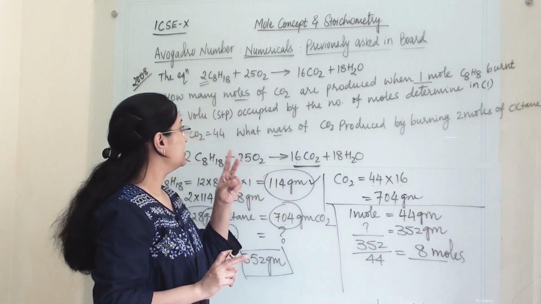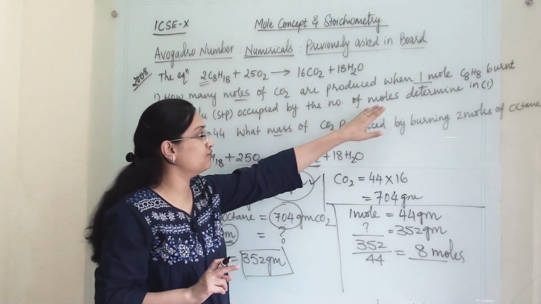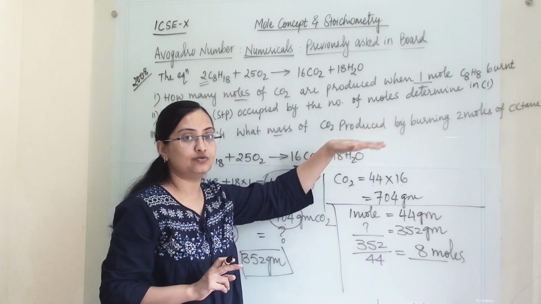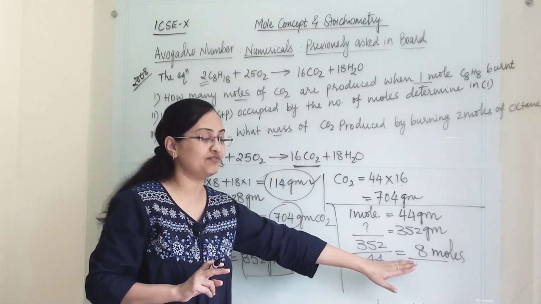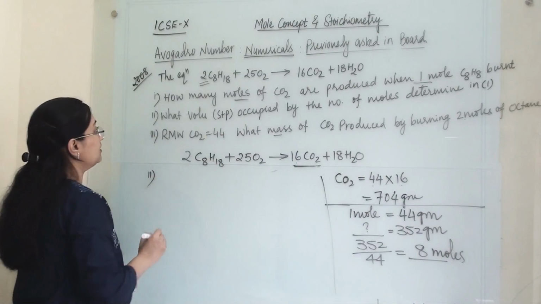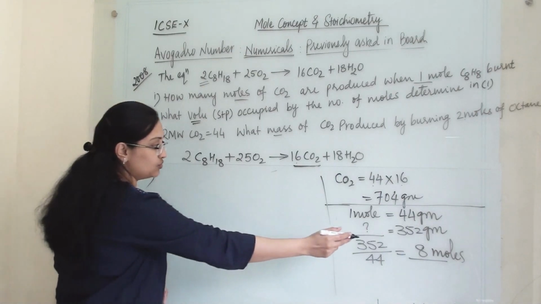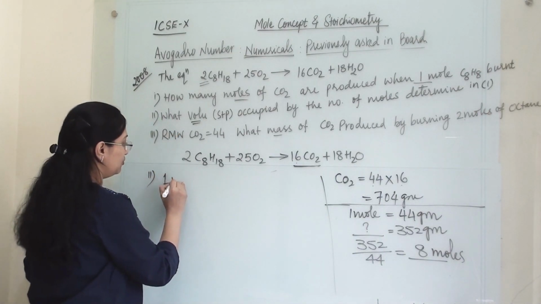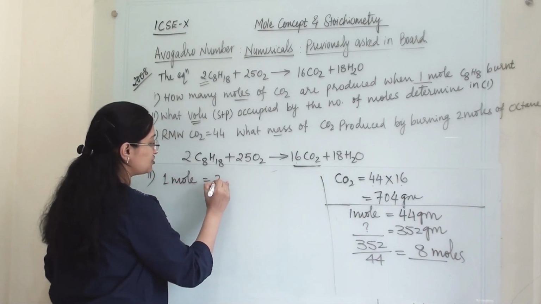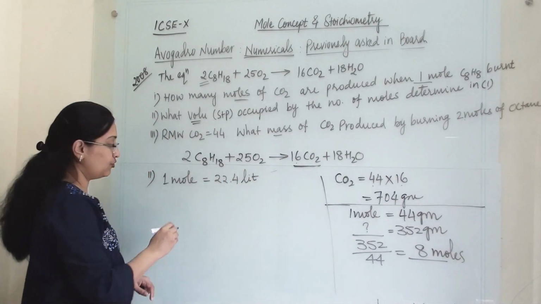Now going to the second thing. What volume is occupied by the number of moles determined in 1? Now things are easy once we find out the moles. Let us see that. So second, we have to find out the volume. We have moles. So 1 mole will occupy how much space? 22.4 liter.